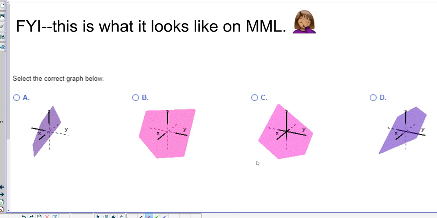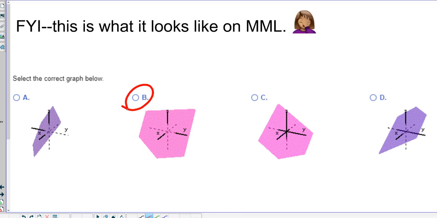Yes, with the same problem. Assume that same equation. It asks you for the intercepts. We got those, right? Then it asks you which of these is the correct graph. It is B. Do we have any logic to that? Look at where the dark pieces of the axes start to appear.